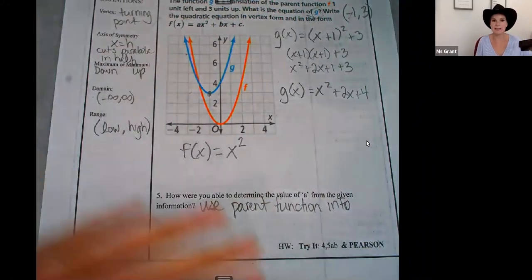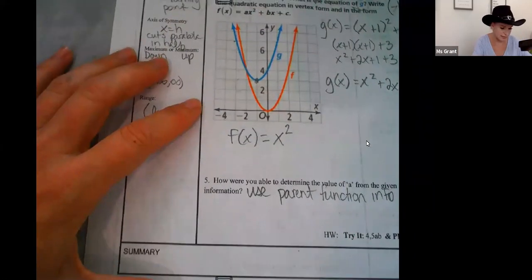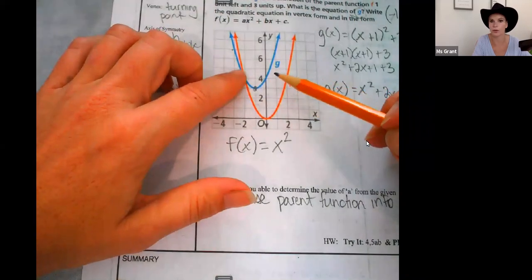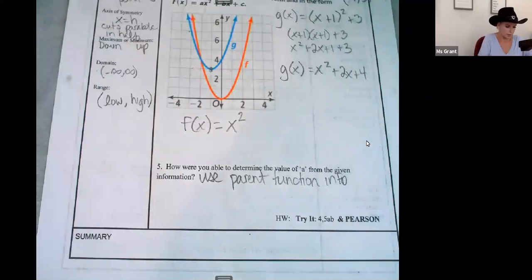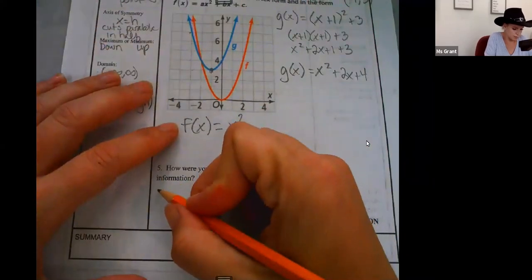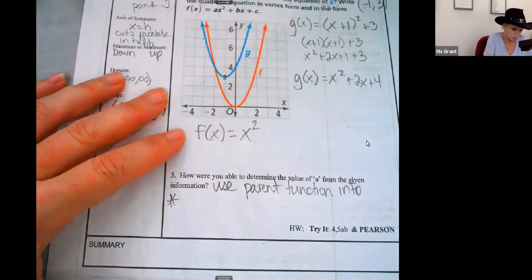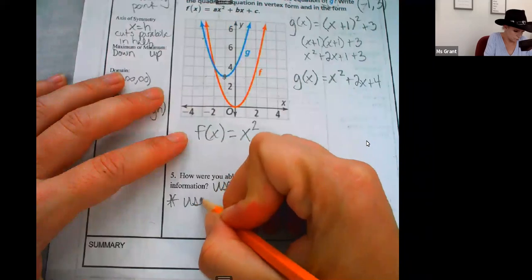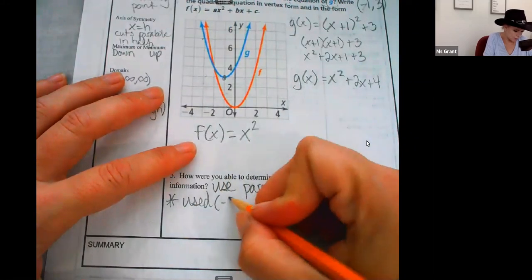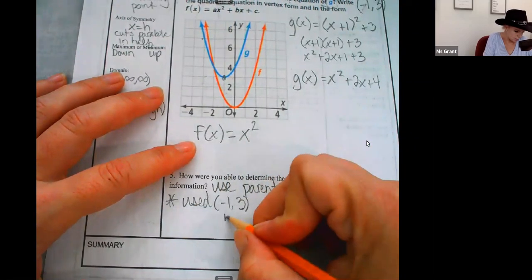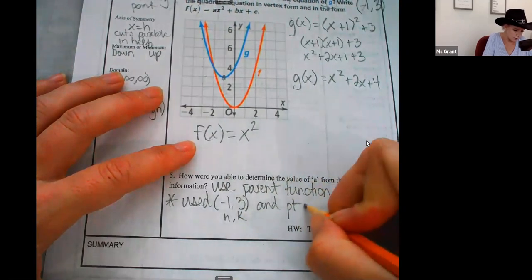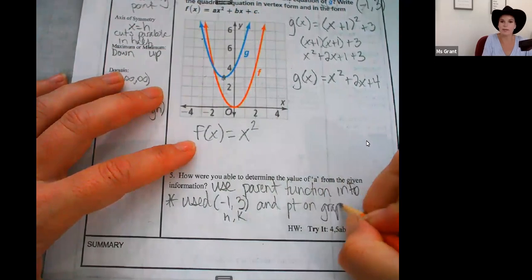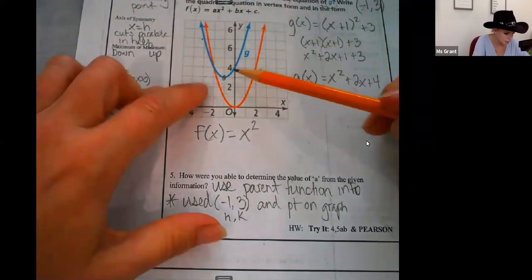If I didn't know, or if for some reason it wasn't over 1, up 1, over 2, up 4, here's what I would have done. Here's an alternate method: use my -1, 3, my H and my K, and a point on the graph. It means I would have had to pick a point on the graph of g. Here's one.